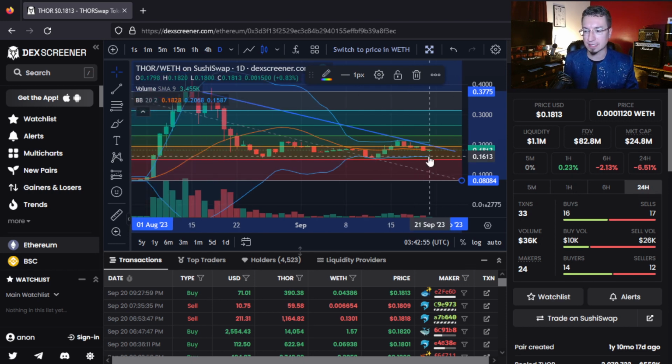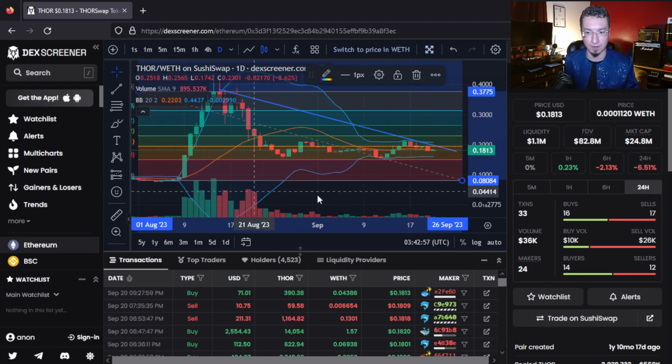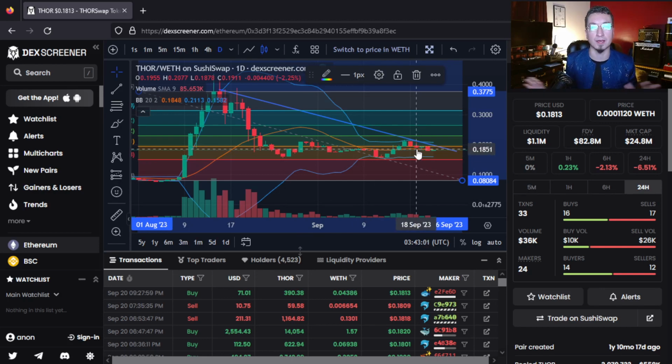And so that is all for THOR. If you don't know THOR or THORChain, you can just do a little Google search, type THORChain, find the official website and do your own research, right? I did, and it seems to be a really interesting project. Essentially, it's a DEX, a decentralized exchange.